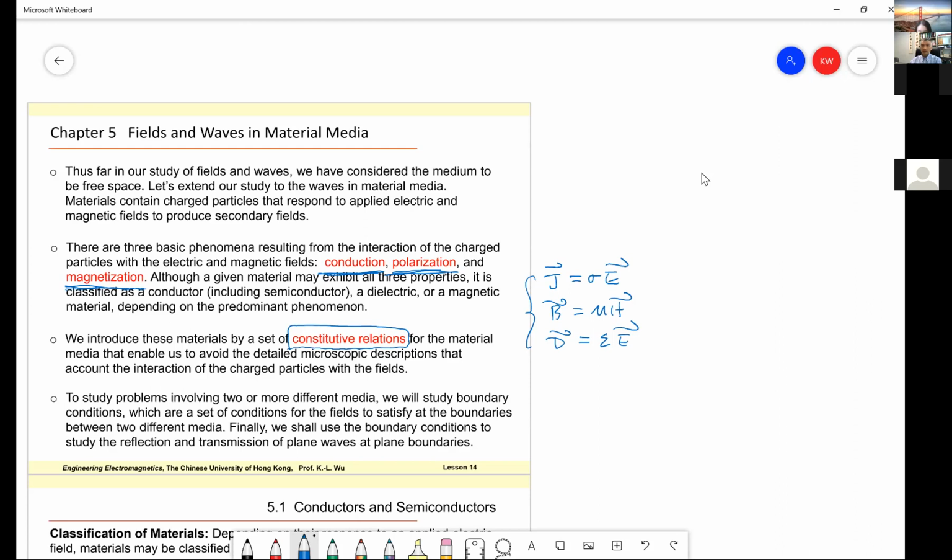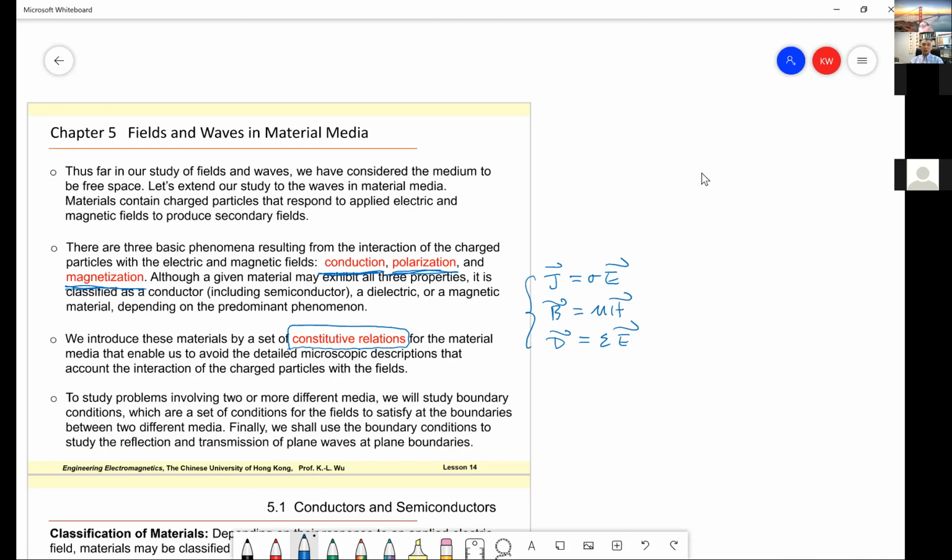We cannot say, hey, I want to study the field interaction with my body. I cannot study every molecule in the material.